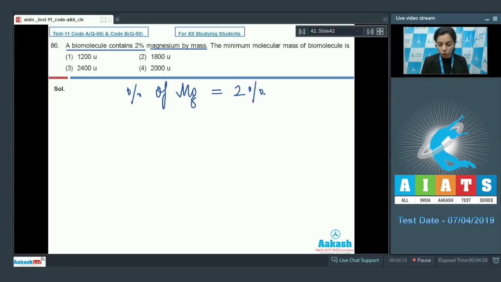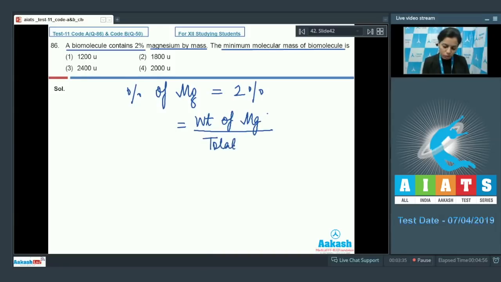And if we want to find out the total molecular mass of the biomolecule, because the question is to find out the minimum molecular mass of that biomolecule, that can be found out by simply considering that percentage of magnesium is equal to weight of magnesium divided by the total weight of the biomolecule that you are taking, and just multiply by 100.